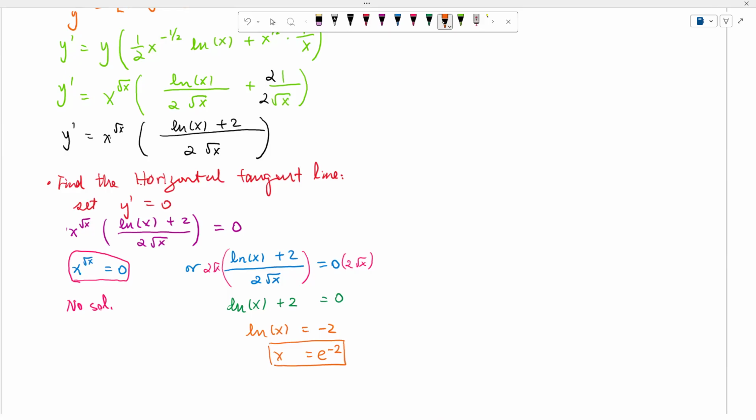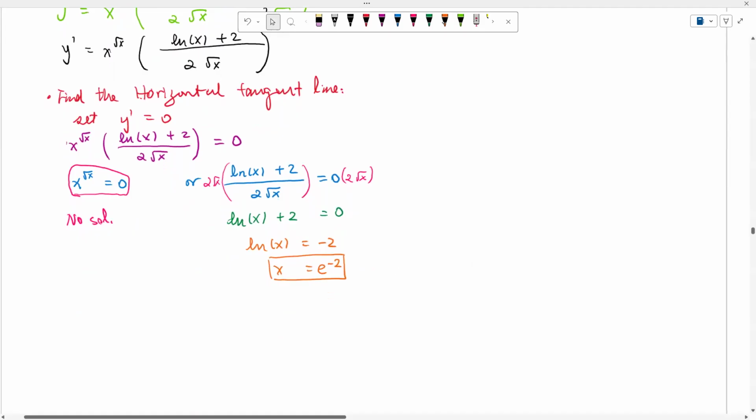So meaning in this case, yes, the graph has a horizontal tangent line at x equal to e to the -2.